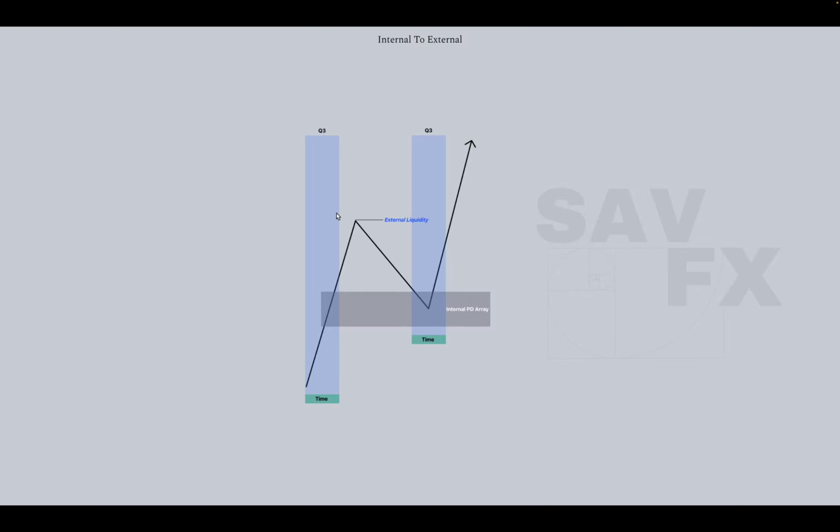So if you're to be trading the AM session, what you'd ideally do is you want to see price draw to the internal PD array, right? This whole entire, when price outside a Q3 range is drawing or targeting a Q3 range from the previous day, right? That is a manipulation. That's how you identify manipulations, not off patterns, right?